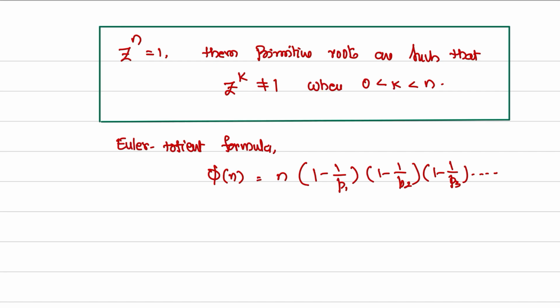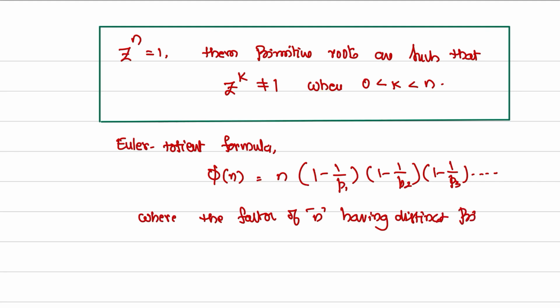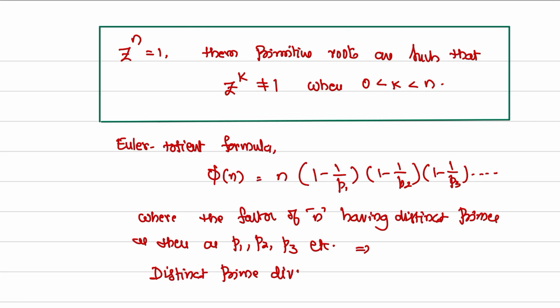Here p1, p2, p3 are the distinct primes, the distinct prime divisors of n.